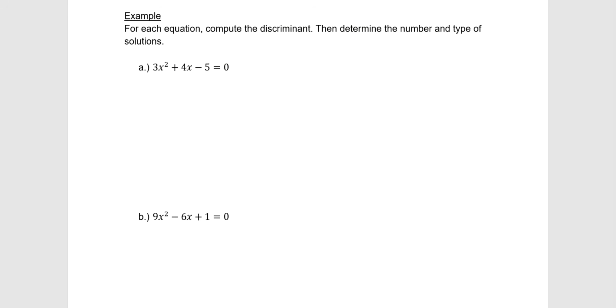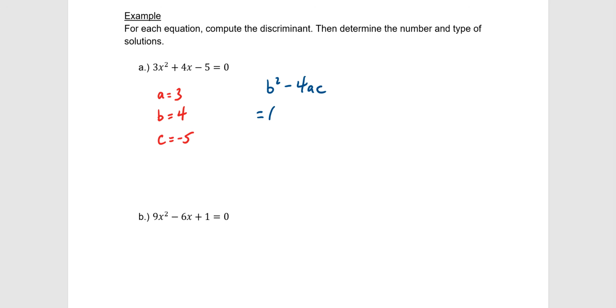Okay, so for example, for each one of these, let's compute the discriminant and determine the number and type of solutions. So we have 3x squared plus 4x minus 5 equals 0. Our a value is 3, our b value is 4, and our c value is negative 5. Our discriminant is b squared minus 4ac.